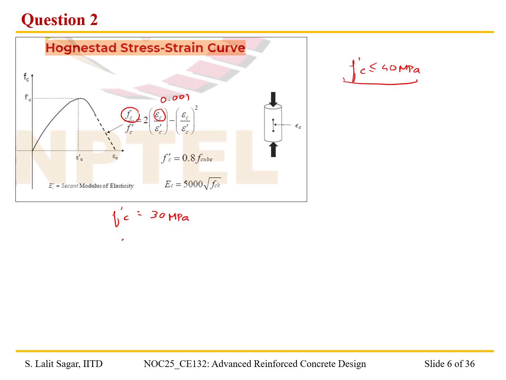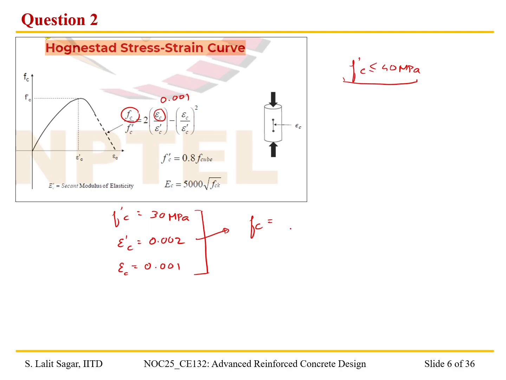Then we have epsilon prime C, the strain in concrete corresponding to the peak stress, that is 0.002. And epsilon C is equal to 0.001. So let us plug these values in the Hognestad relation and see what value of Fc we get.